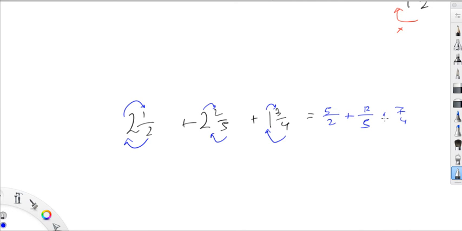Add them. If you're doing it manually, you'd have to do these 2 first, find the answer, and then add the final one. But I'm going to check them in my calculator. Remember, your fraction buttons look a little bit different to mine. Your ones might look like that, or like that.